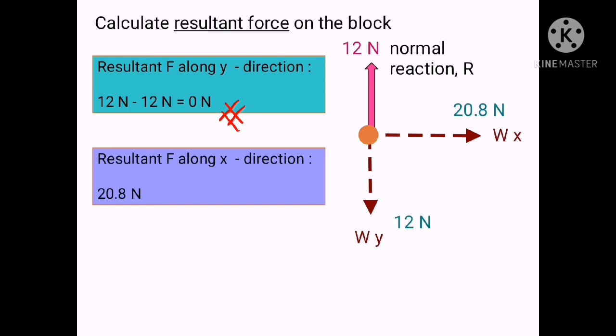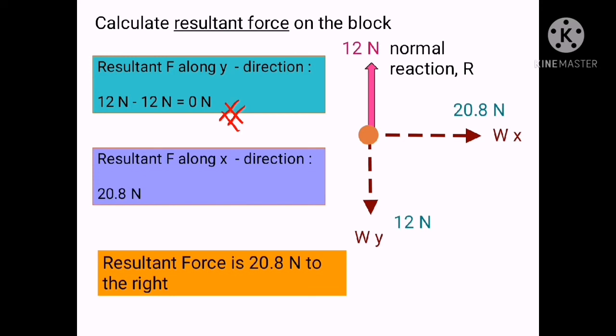Correct, it is 20.8 Newton. Now that we have calculated the resultant force along y and along x, we are going to calculate the total resultant force on the block. So my resultant force on the block is 20.8 Newton to the right.